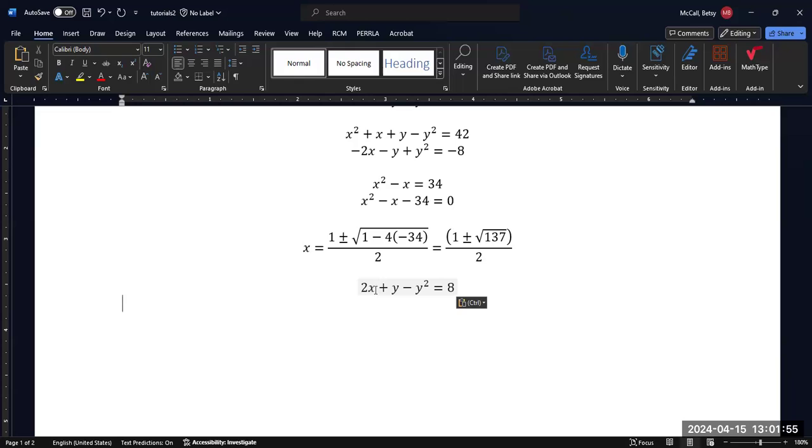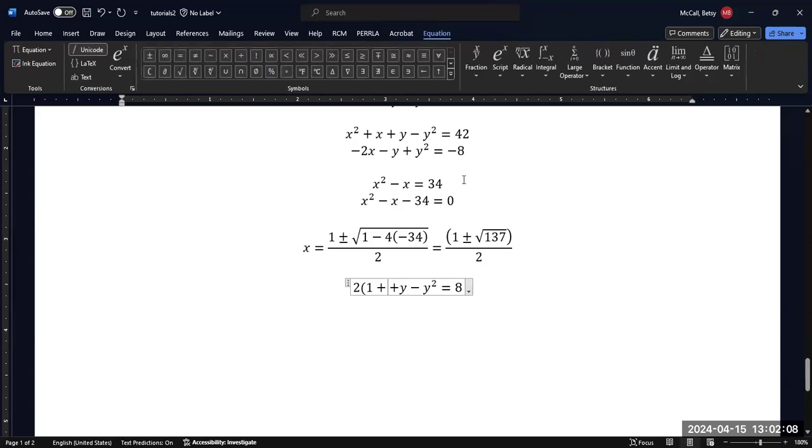Again, it's going to be messy, but we can solve this equation, and I'm going to plug in initially 1 plus the square root of 137 divided by 2.